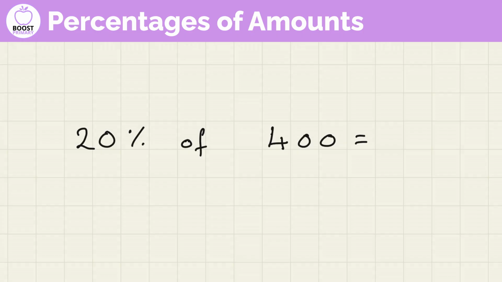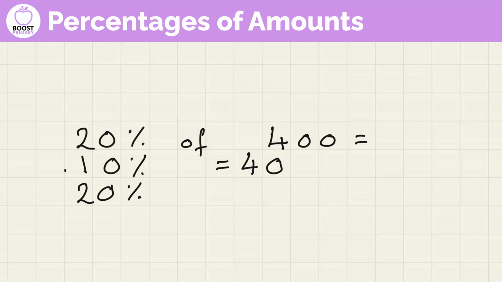20% of 400. So the place to start is 10% of a number. So 10% of 400 equals 40. We can then scale that up to 20%.